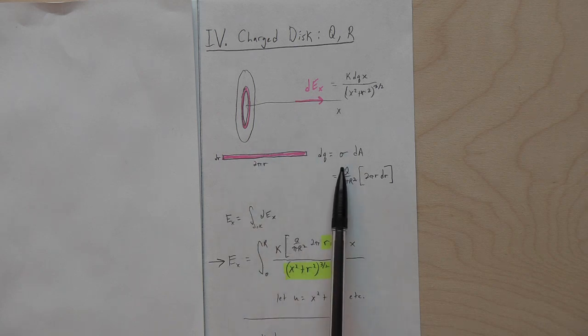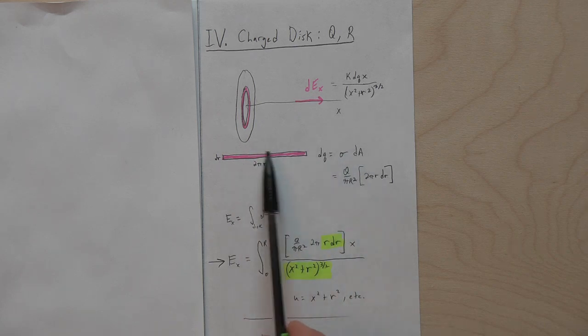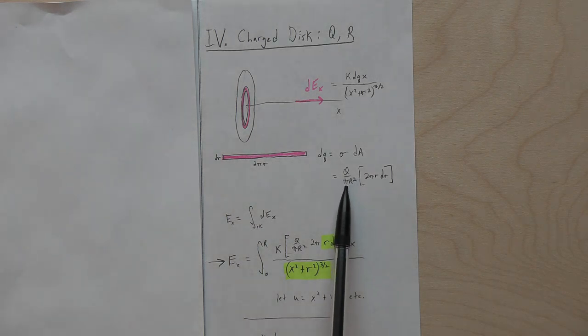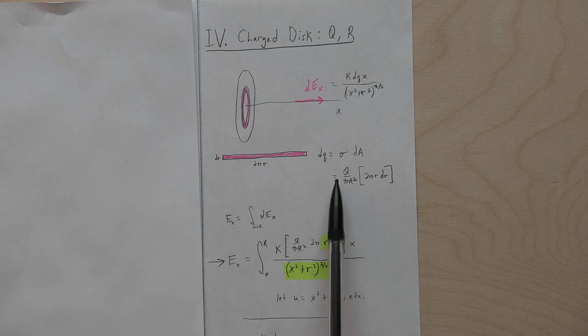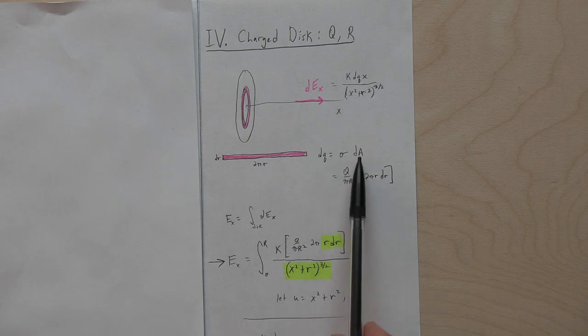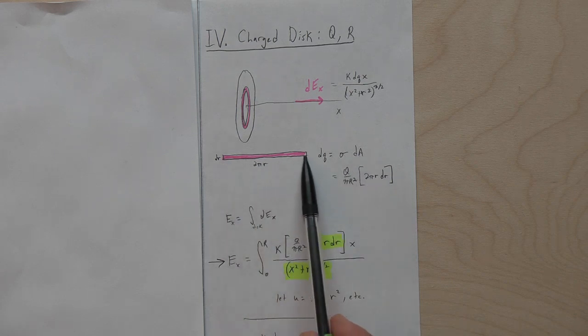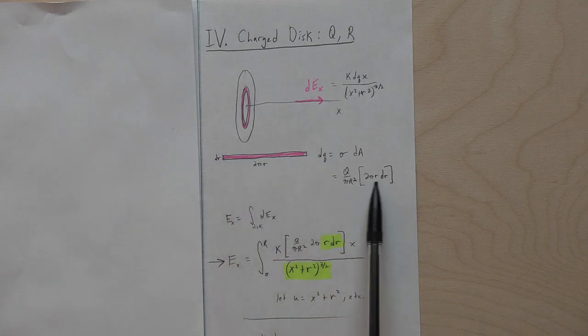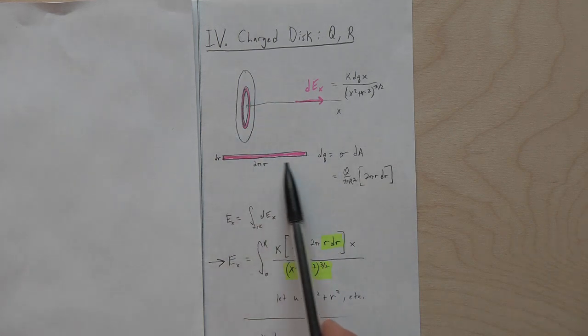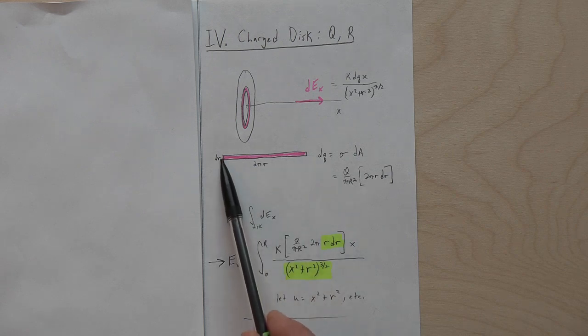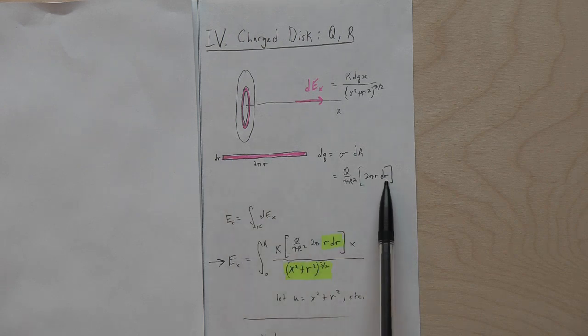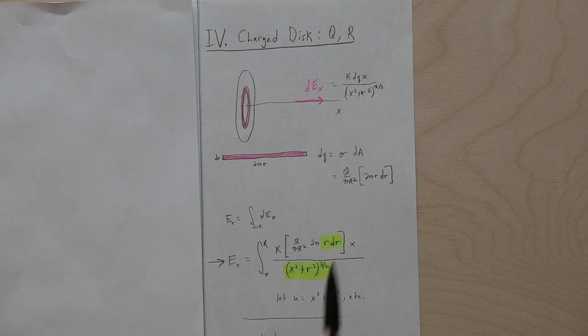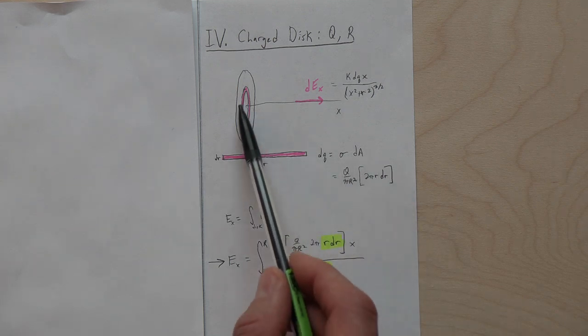So coulombs per area times the area gives me the coulombs of just that piece. The sigma is total charge over total area of that disk, Q over pi R squared. And the dA is the area of this rectangle, which is length, the circumference, times width. So this whole thing is the charge in that ring.